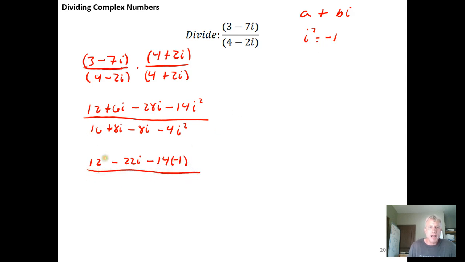In the denominator, I have my 16. The i terms canceled. So I have minus 4 times i squared, but i squared is just negative 1. So now I have no complex number in the denominator.